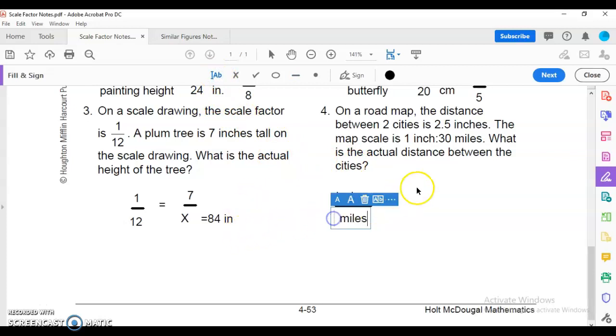Inches over miles, okay? So now I'm going to use my scale map. It says 1 over 30. So that's going to be 1 over 30. I'm going to do it this way, that way I can put my line in between.